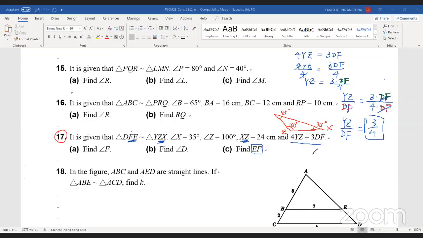Therefore, XC divided by EF should equal YC divided by DF, because they are all corresponding sides of the two similar triangles. Then you just put in the values you have: 24 cm divided by EF equals 3/4.